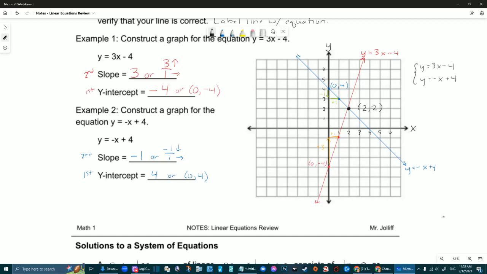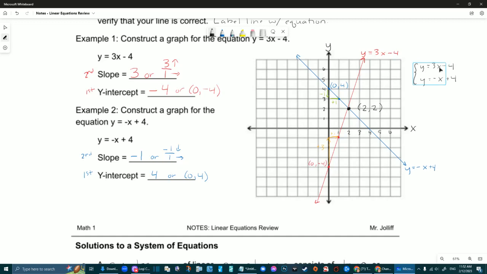What that means is that's the only point in the entire coordinate plane that makes both of those equations true at the same time. And we can check. If I were to go to that first equation and plug in 2 for x, 3 times 2 is 6, and 6 minus 4 is 2.